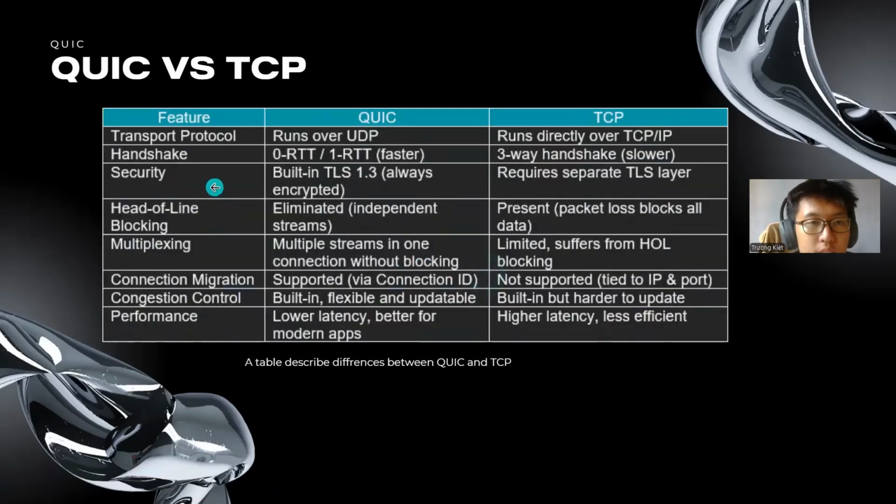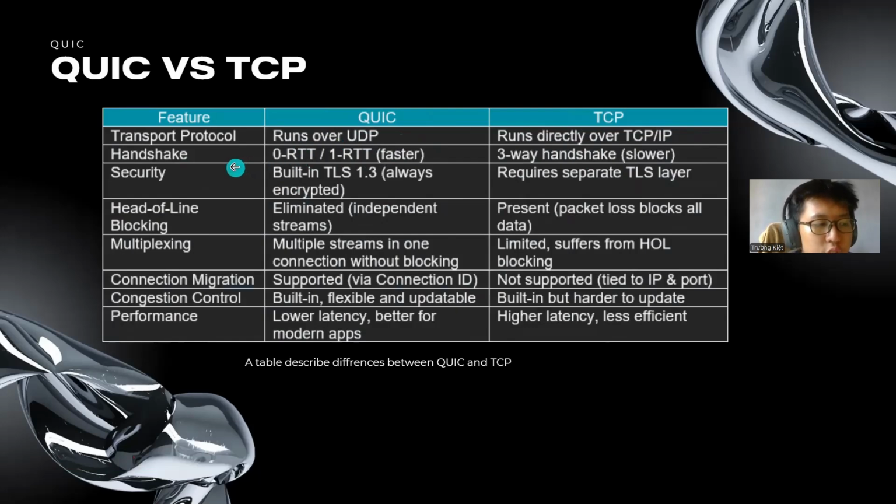Moving to the next slide. This table summarizes the key differences between TCP and QUIC across several important features. First, TCP operates over its own transport protocol, TCP and IP, while QUIC runs on top of UDP. This allows QUIC to be more flexible and faster to deploy.